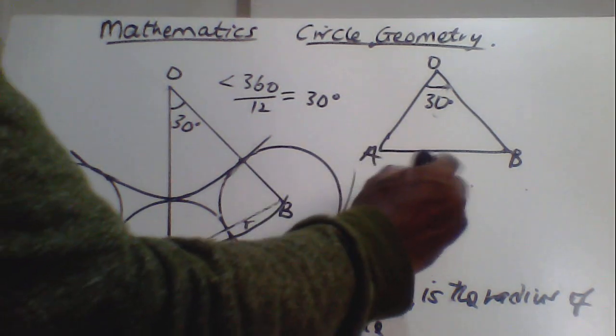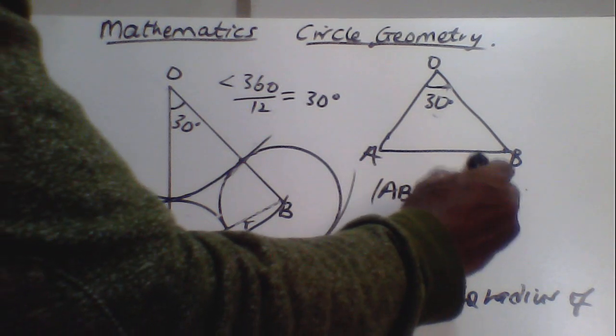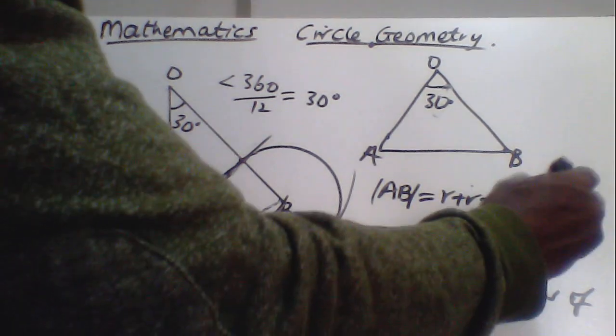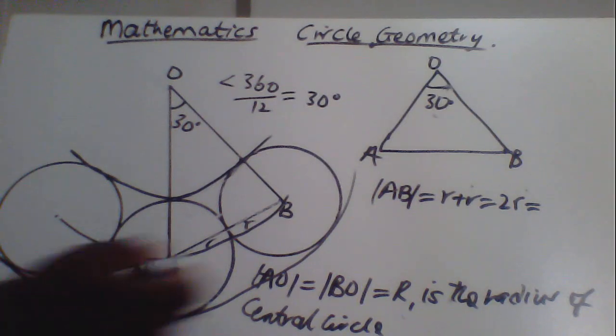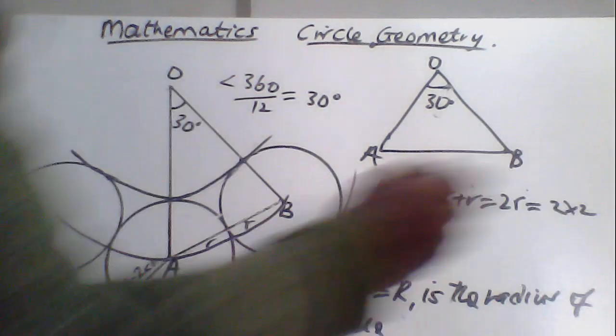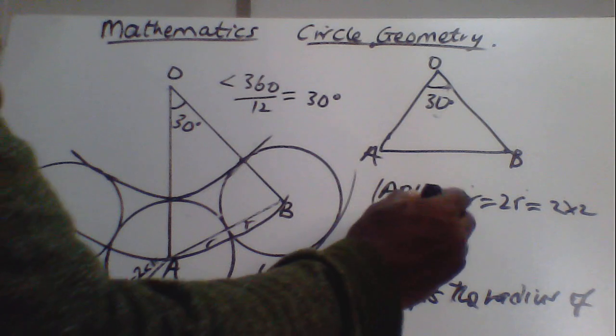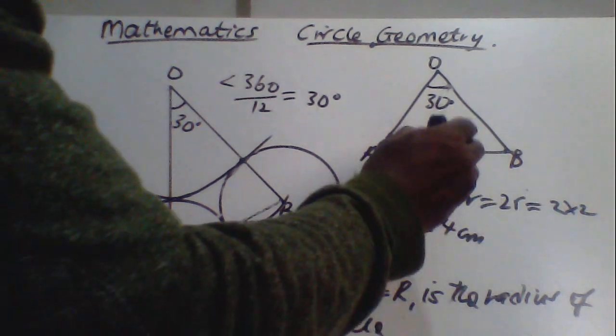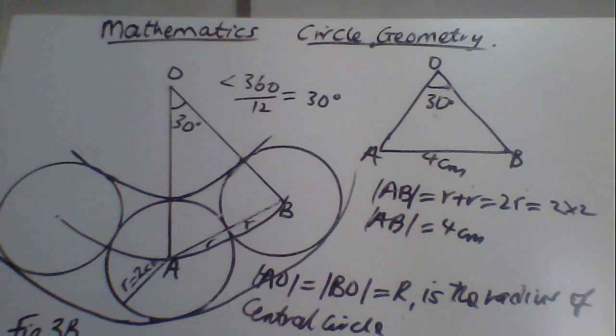AB is equal to R plus R, that gives us 2R, and we know that R is 2 cm, so we have 2 times 2. So AB is equal to 4 cm.